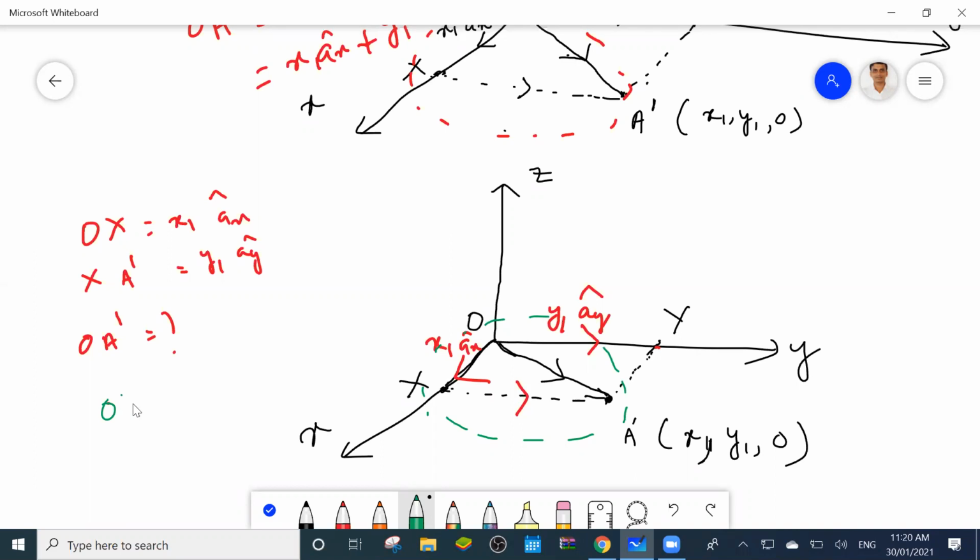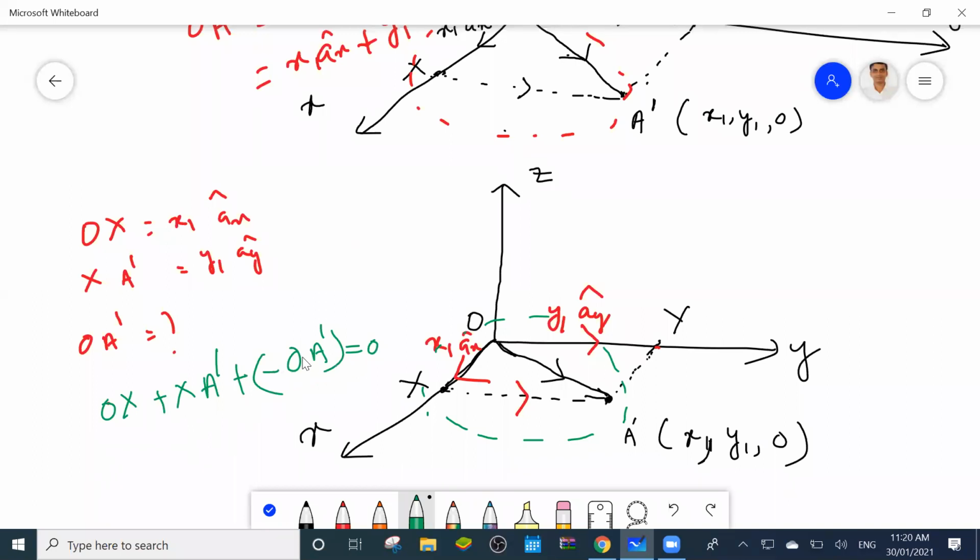So here I can write OX plus XA dash plus minus, since it is opposite direction, the resultant OA dash equals 0. The sum of all the vectors along the sides of the triangle equals 0.